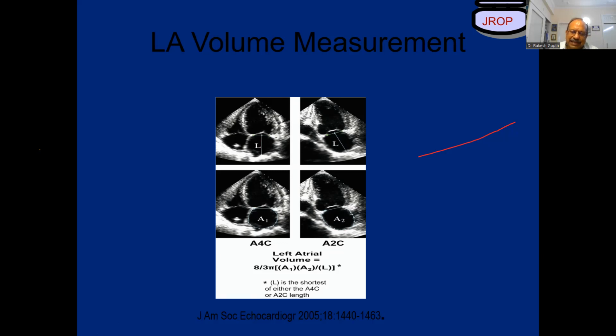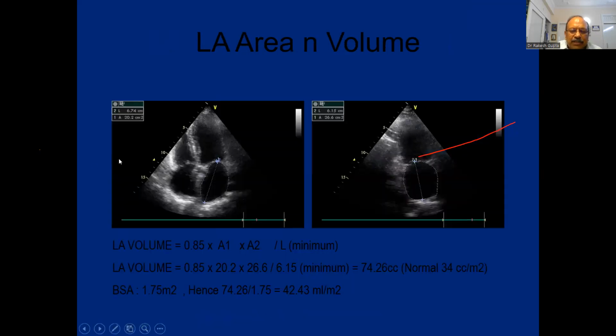And to get the indexed LA volume, we have to go back and divide that by body surface area. So here is a calculation of one patient. We calculated the LA volume on one side over here, area 2 over here. And then we looked at whether this segment is long or this segment is long. This is the shorter of these two lengths, and we take it for further measurement. So LA volume is 0.85 into area 1 into area 2 divided by the shorter of these two lengths.